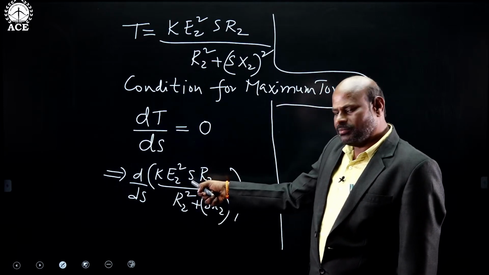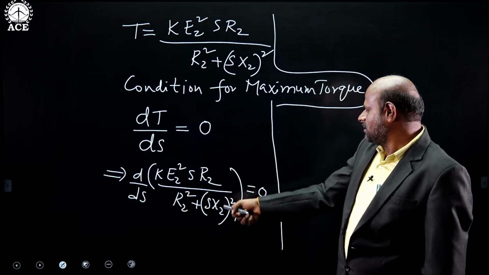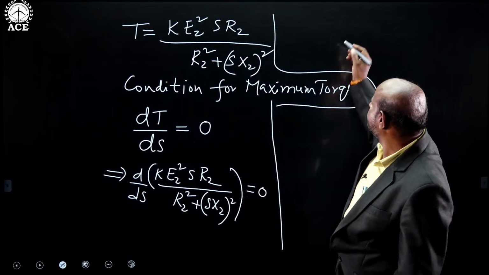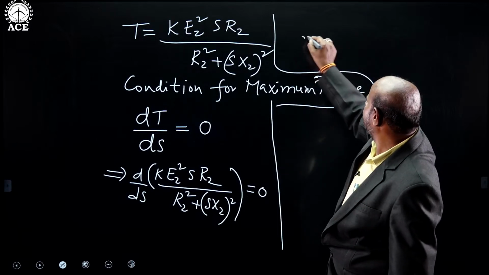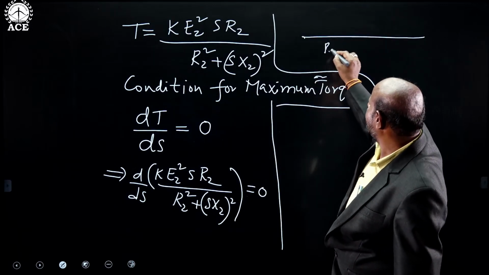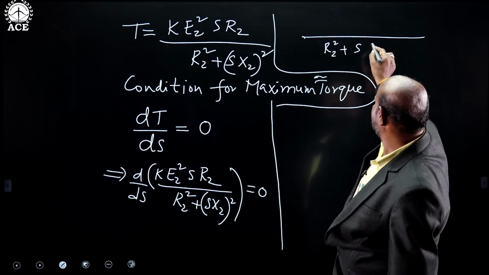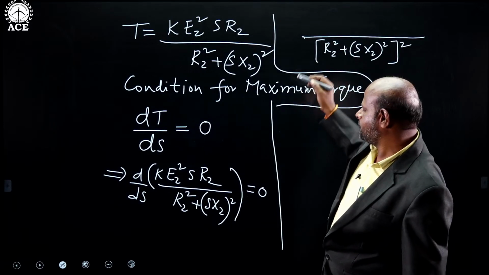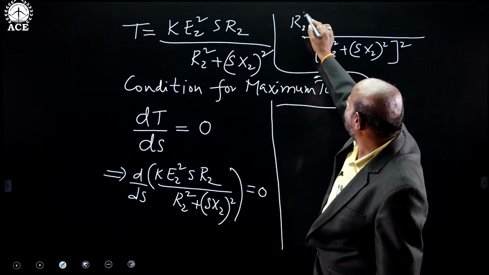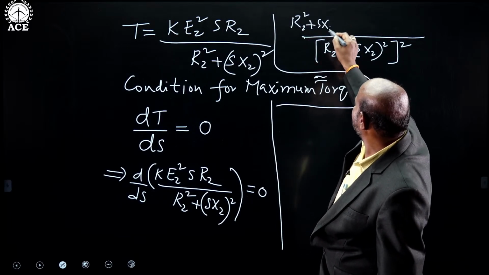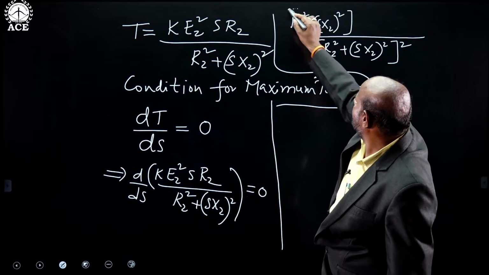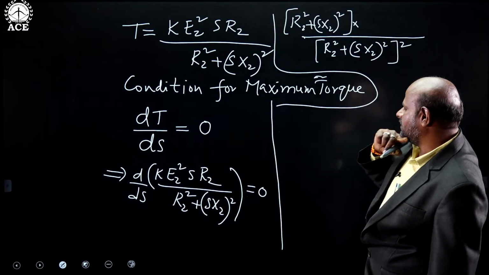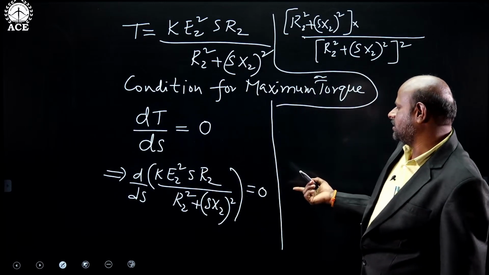We have S in both the numerator as well as the denominator. So how can you differentiate? By applying the U by V rule. So V square, (R2 square plus (S X2) whole square), into the differentiation of the numerator term. K is there, and K we can directly equate to 0.